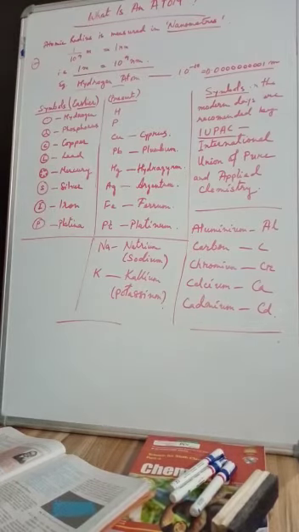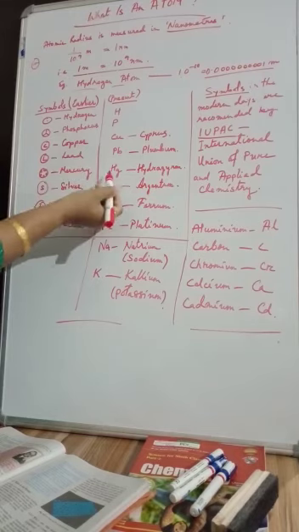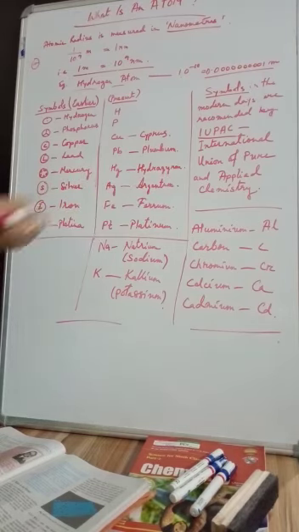When we write the symbols, you can see here silver is Ag. Though it is silver, we do not write S, we write Ag. Why? This is because a few elements have Latin names and the symbols come from their Latin names. Mercury, instead of M, we write Hg, from its Latin name.